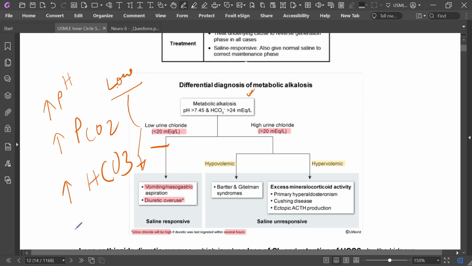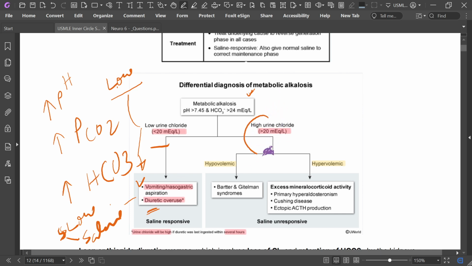That means it is saline responsive. The causes are vomiting, nasogastric aspiration, and diuretic overuse. So low urine chloride means saline responsive.